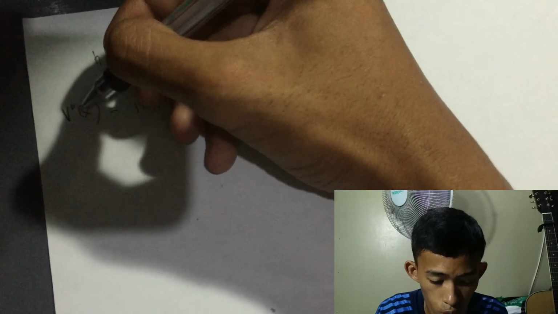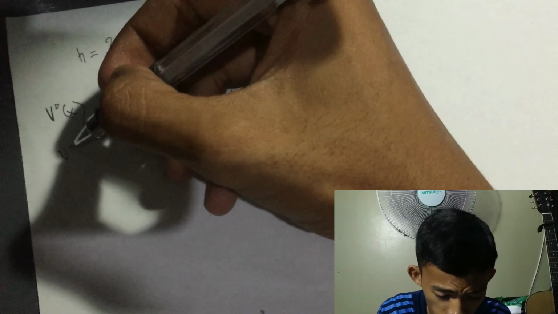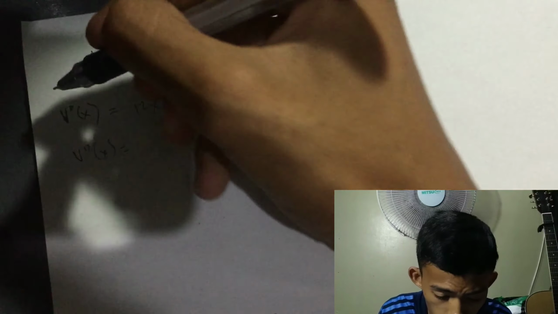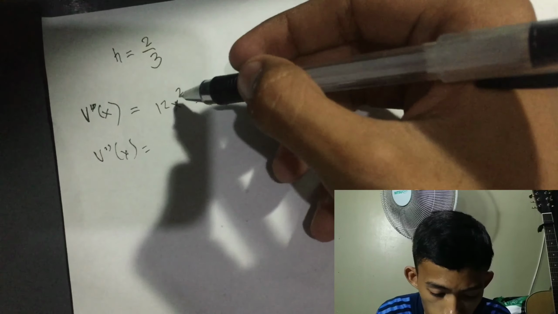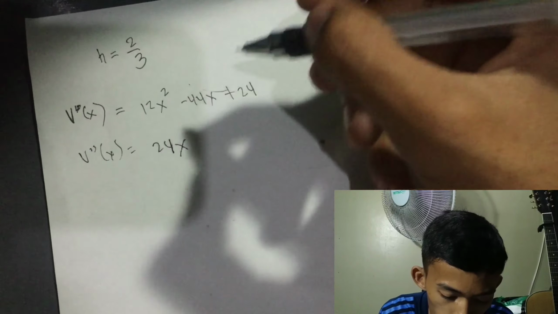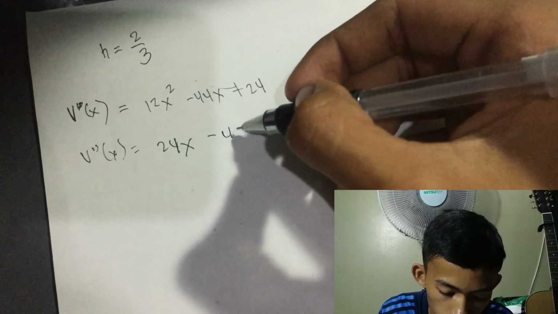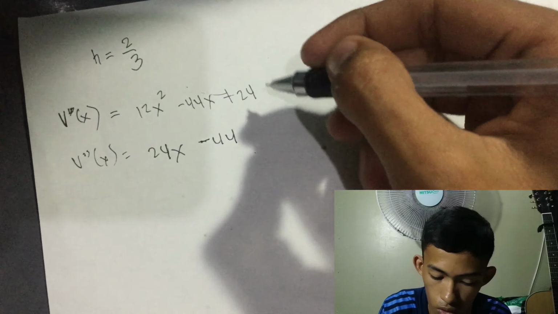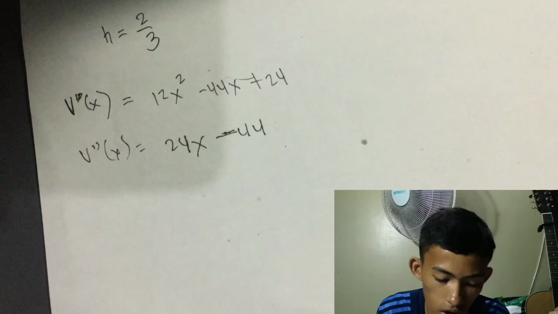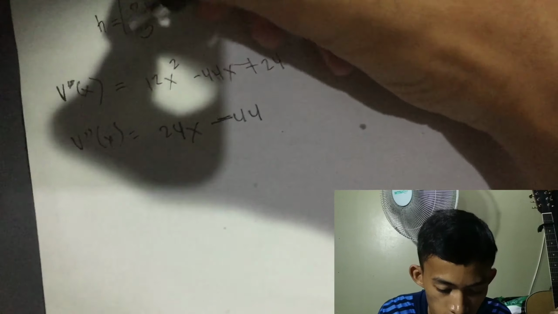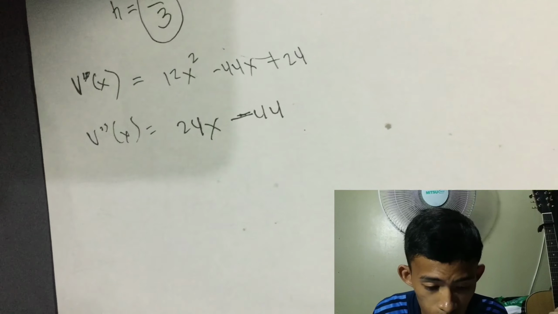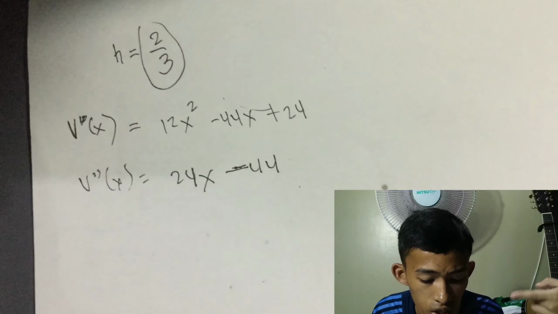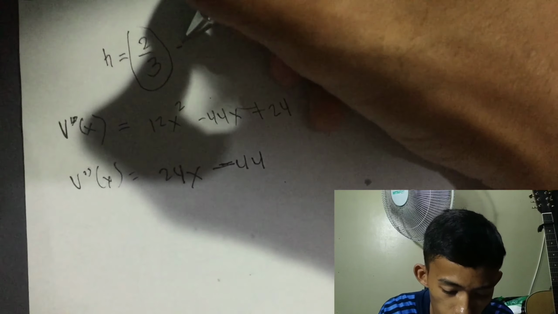So we will get the second derivative. 2 times 12 equals 24x. The derivative of 44x is equal to 44. And the derivative of 24 is equal to 0. So this is now our second derivative, and then we substitute the value of our height. If the answer is negative, this will become our maxima.